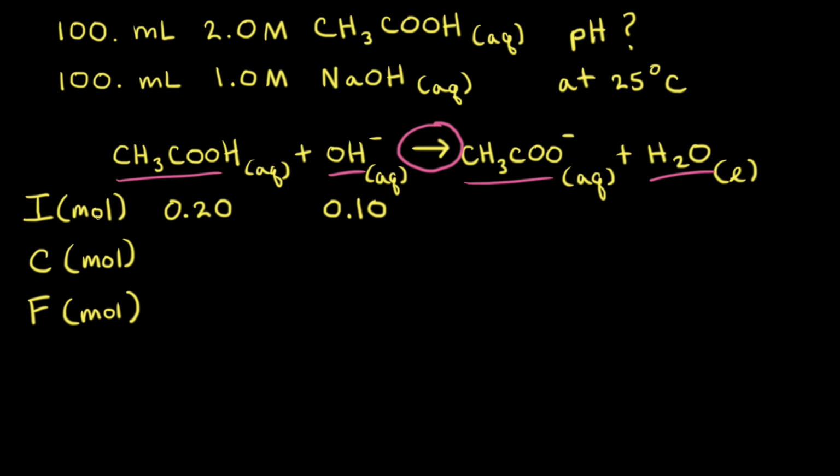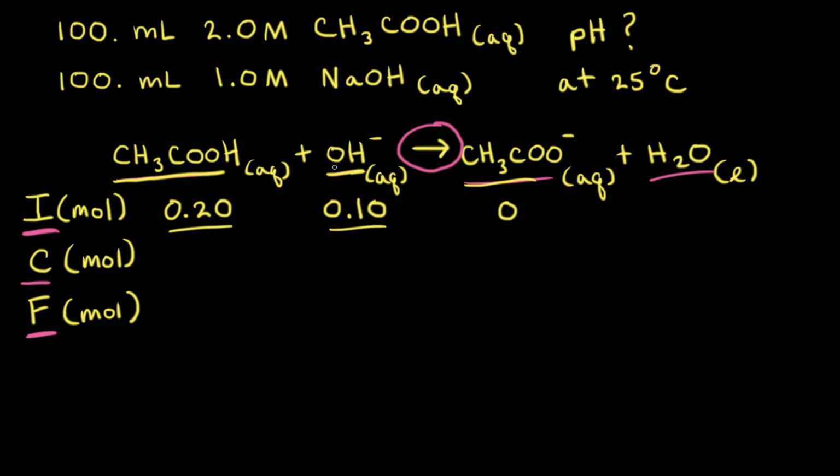And instead of an ICE table where the E stands for equilibrium, we use an ICF table, where I is the initial amount of moles, C is the change in moles, and F is the final amount of moles. We've already calculated the initial amount of moles of acetic acid to be 0.20, and the initial amount of moles of hydroxide anions to be 0.10. If we assume the reaction hasn't happened yet, the initial amount of moles of acetate would be 0.